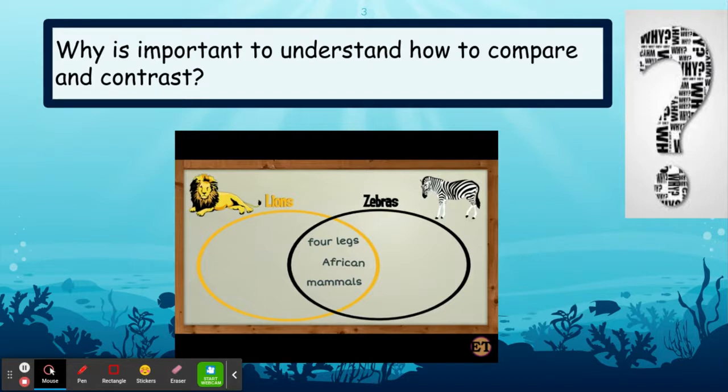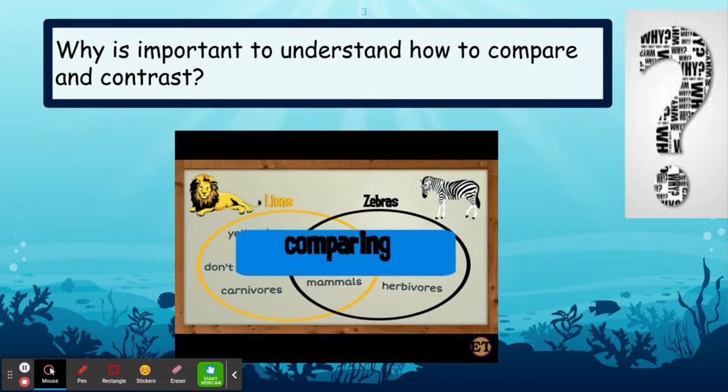As for differences, zebras are black and white, lions are a yellowy gold. Zebras migrate, lions don't. Lions eat meat, they're carnivores, while zebras eat plants, they're herbivores. We can use the term comparing more broadly to refer to finding both similarities and differences.